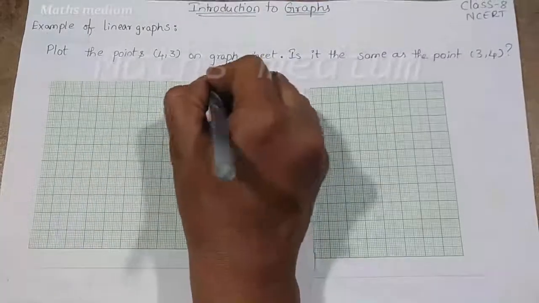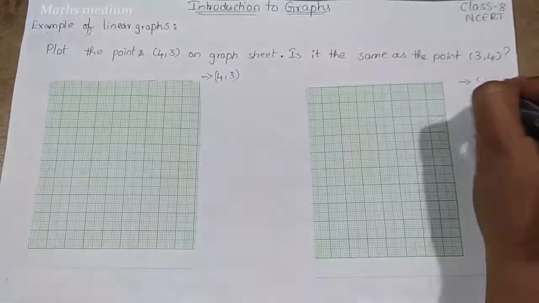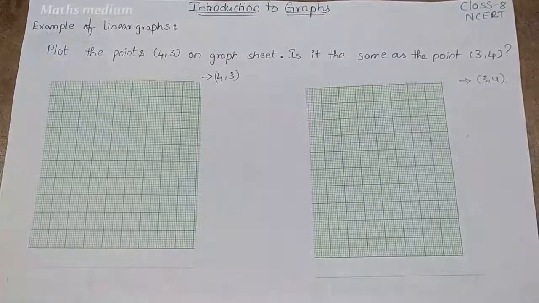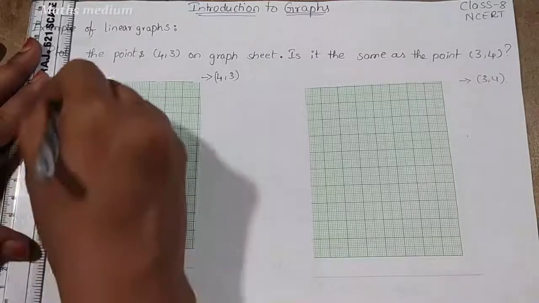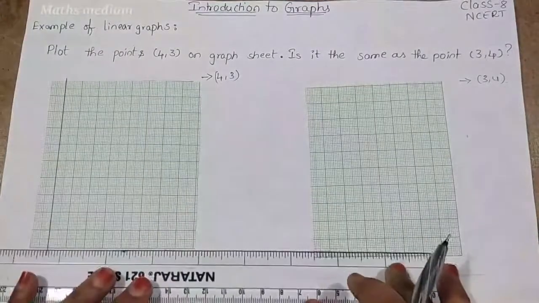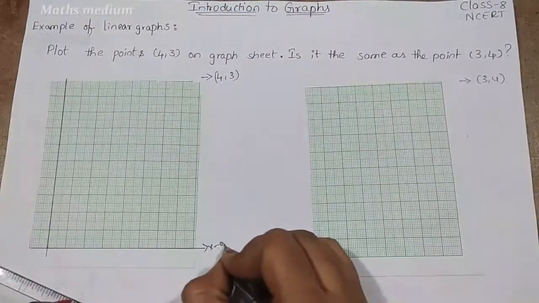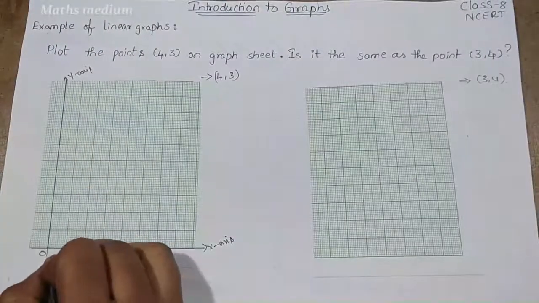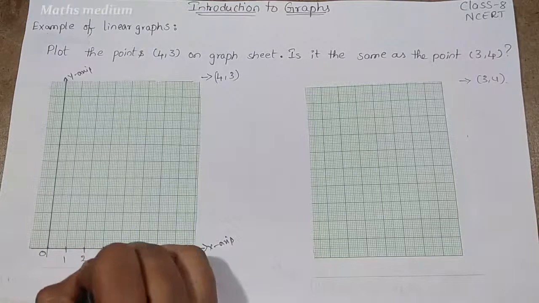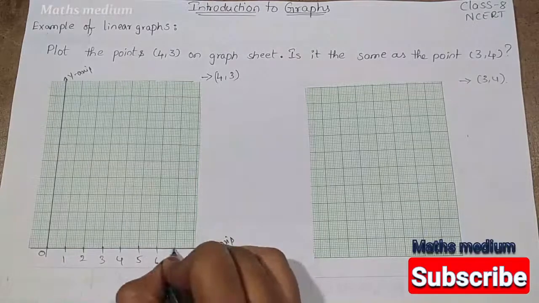So I am taking this graph for the point (4, 3), and another graph for the (3, 4) point. So let's take, this is the y-axis and this is the x-axis. Now locate the points 0, 1, 2, 3, 4, 5, 6 and 7.